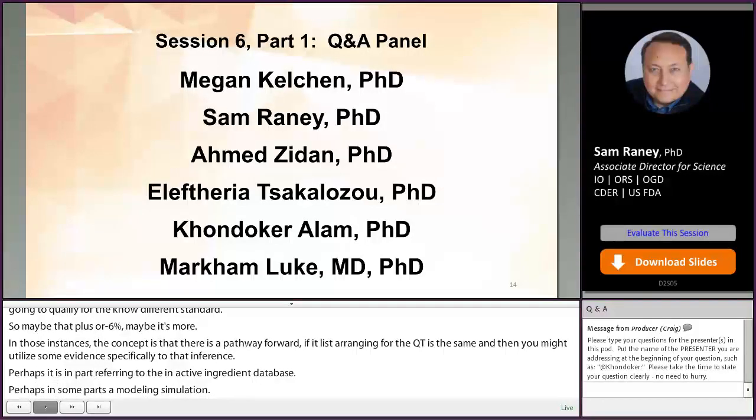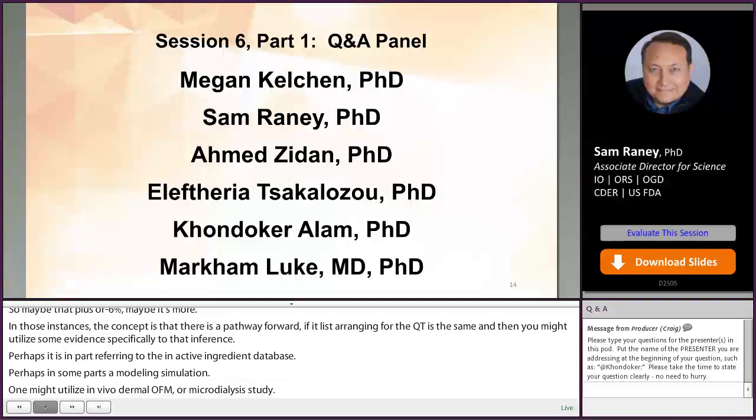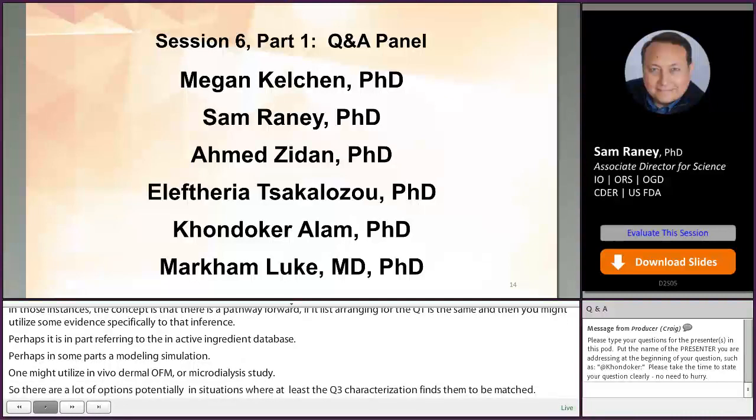So there are a lot of options potentially in situations where at least the Q3 characterization finds them to be matched. In situations, I think the question is asking, in situations where the Q3 is not matched, what are the recommendations there? And I wouldn't say that the only option would necessarily be a clinical endpoint study.